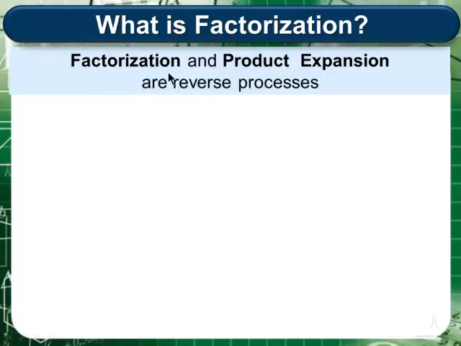Before we consider the different types of factorization, let us first have a look at the question, what is factorization? Now recall earlier, during this video presentation, we considered various special products and expansions of such products. Now, factorization and product expansion are reverse processes of each other.